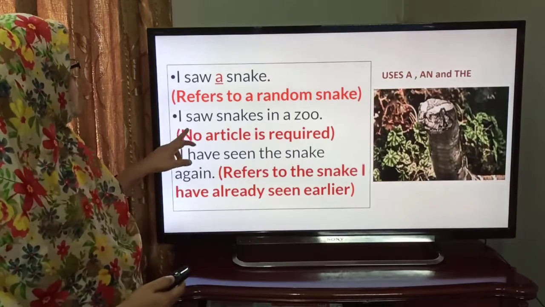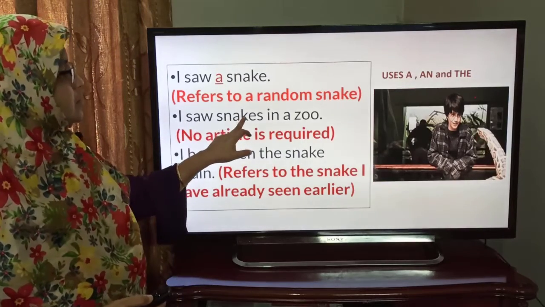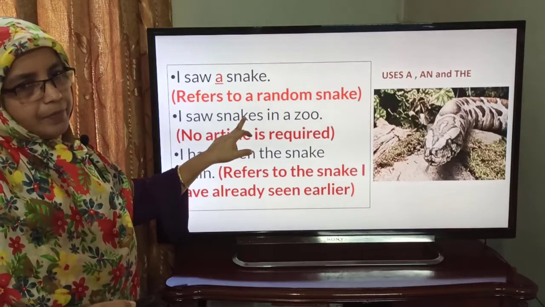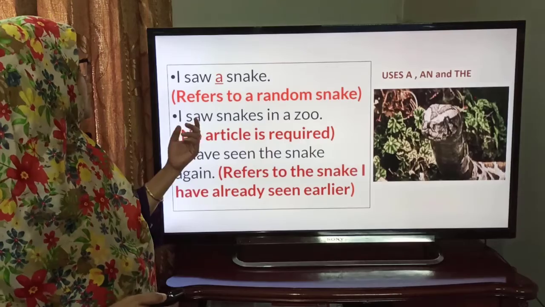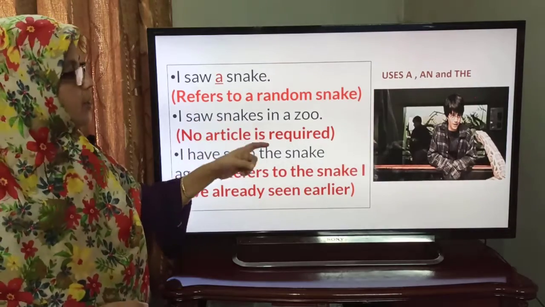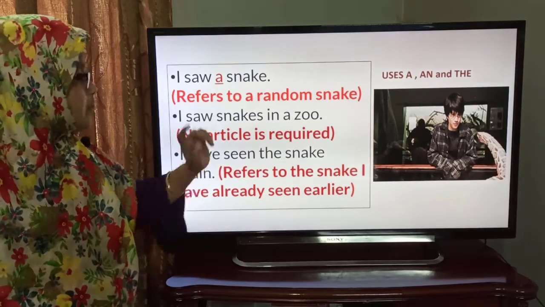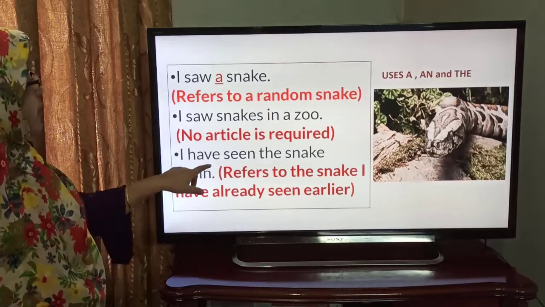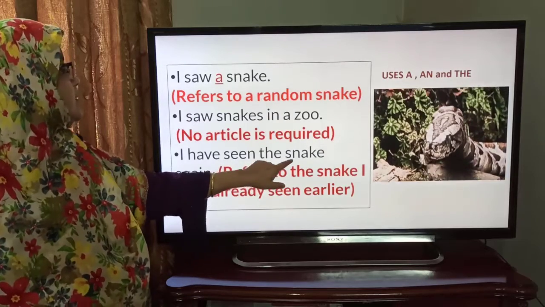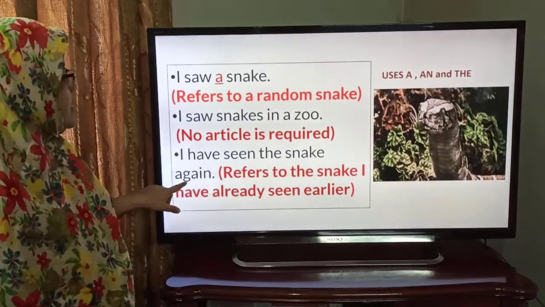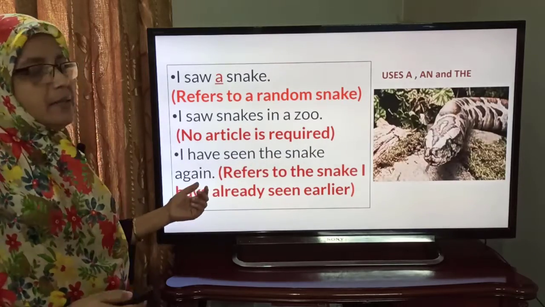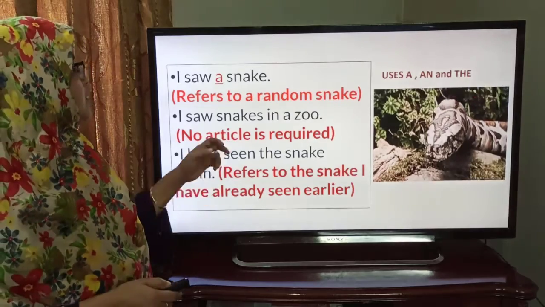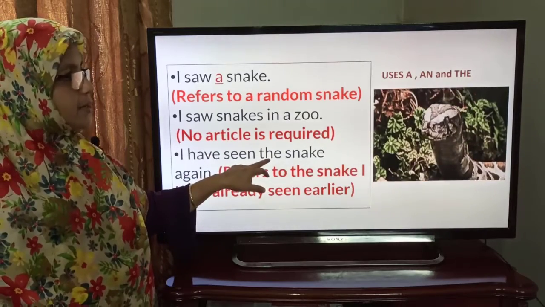But I can say I saw snakes, that is plural, so we don't use an article. Then, I have seen the snake, that is known. Again, I have seen the snake, that is known. So then we use the definite article.